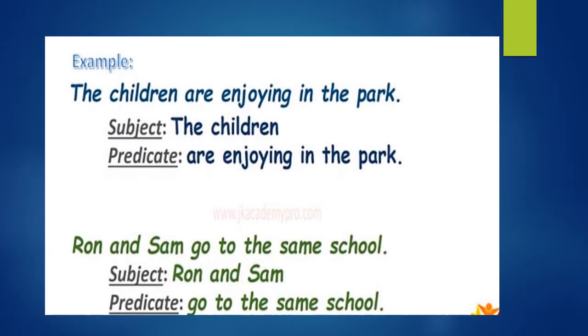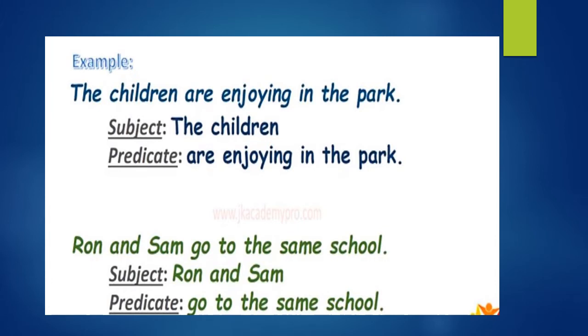Let's see this example. The children are enjoying in the park. So here subject is the children because we are talking about the children. And what are we saying about the children? That they are enjoying in the park. So predicate is are enjoying in the park.